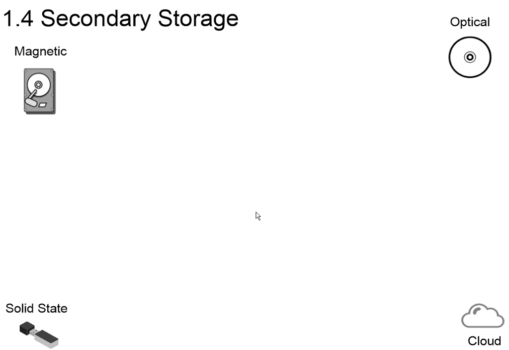Next, we have secondary storage. So before I talk about these types of secondary storage, there are 5 characteristics that you need to know. So make sure you've got a list of these. So whenever you're talking about secondary storage, you need to think about these 5 characteristics. And they are capacity, so how much data can be stored.